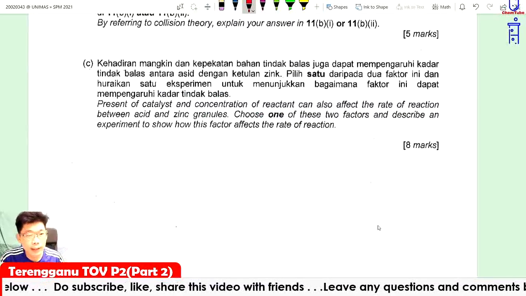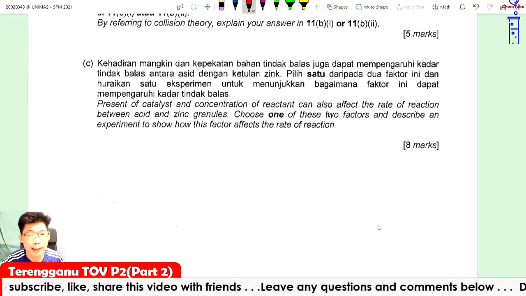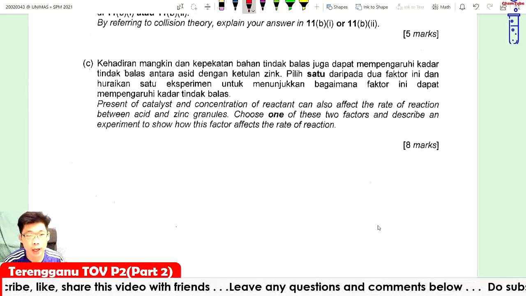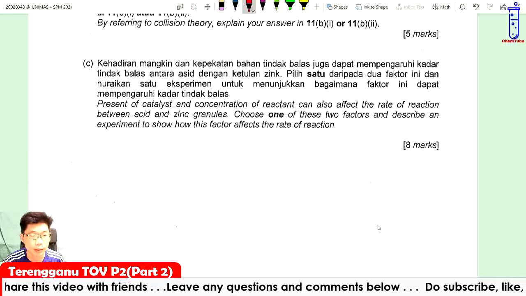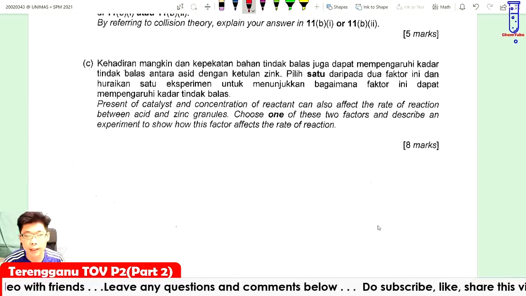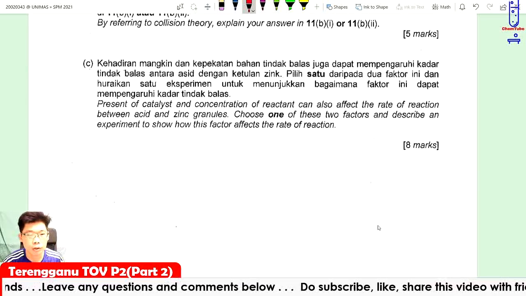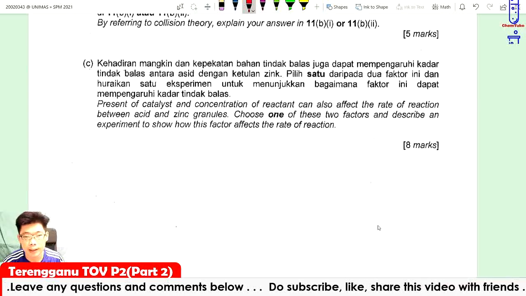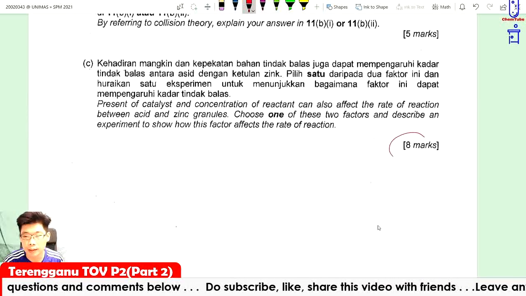Okay, question C. The presence of catalyst and the concentration of the reactants also can affect the rate of reaction between the acid and zinc granules. So choose one of these two factors and describe an experiment to show how this factor affects the rate of a reaction. 8 marks altogether.